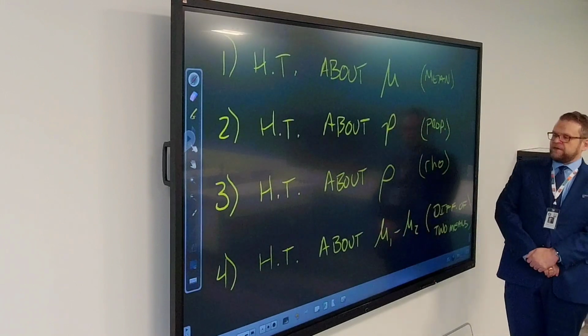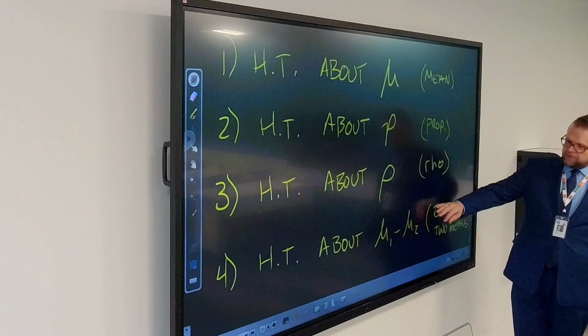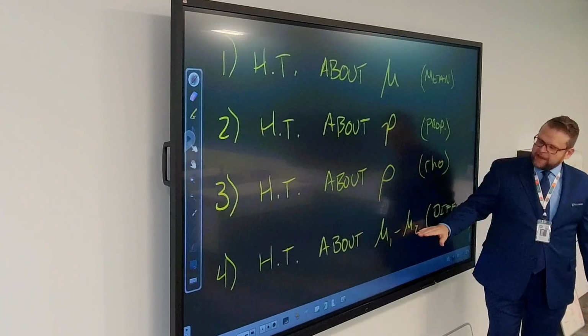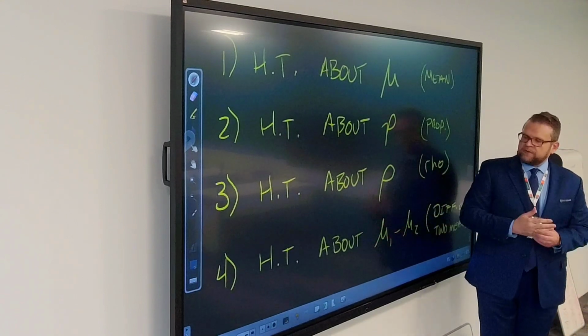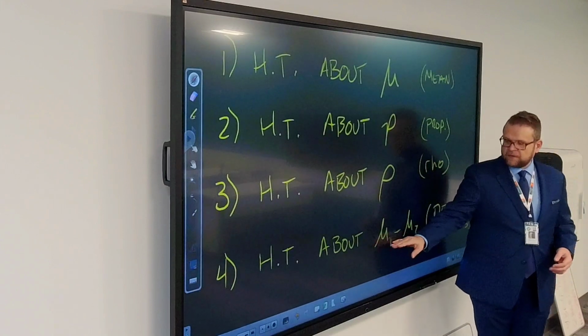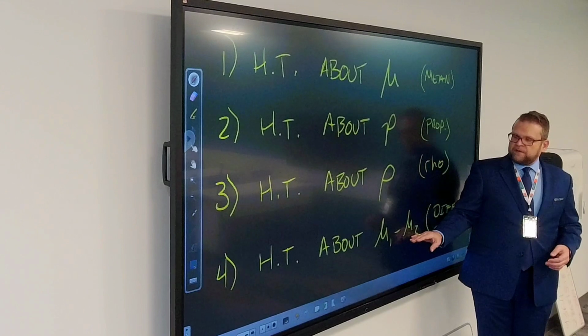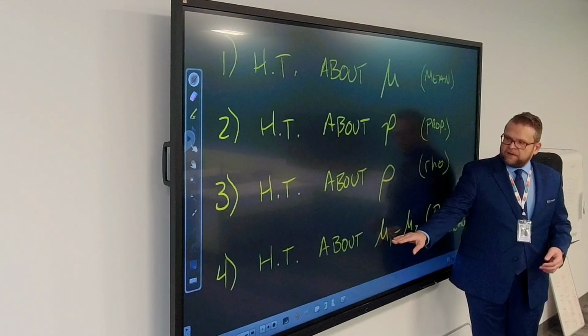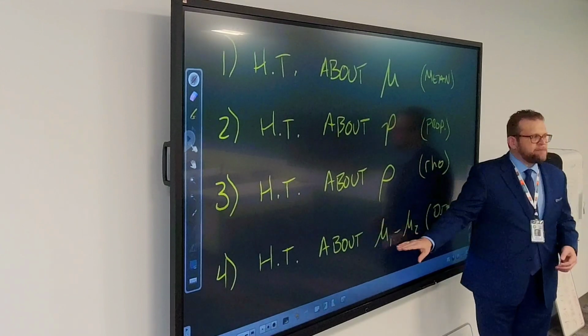So maybe the drug manufacturer says, on average, you could expect a 10-point reduction. Then that's what they would claim this to be.